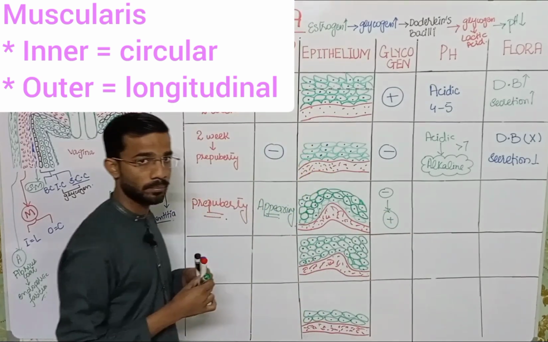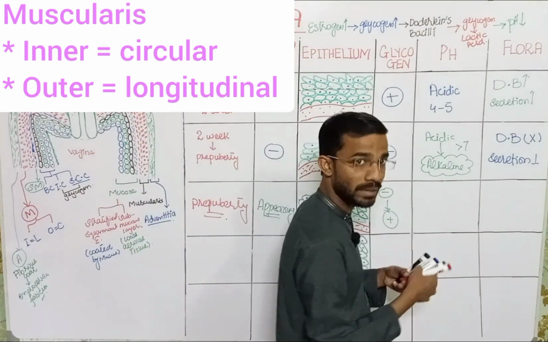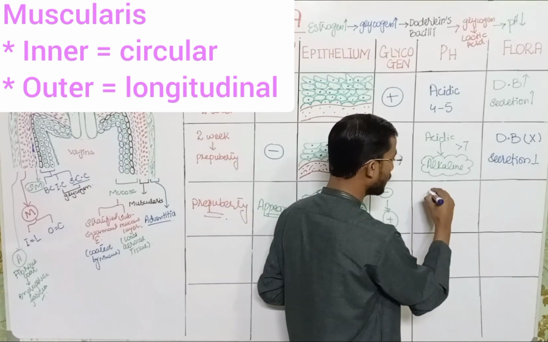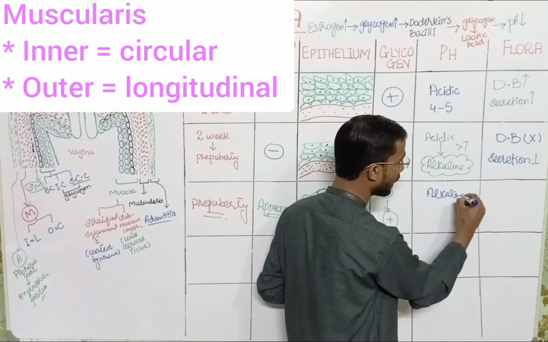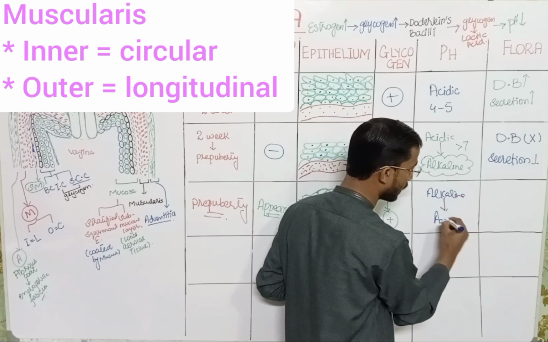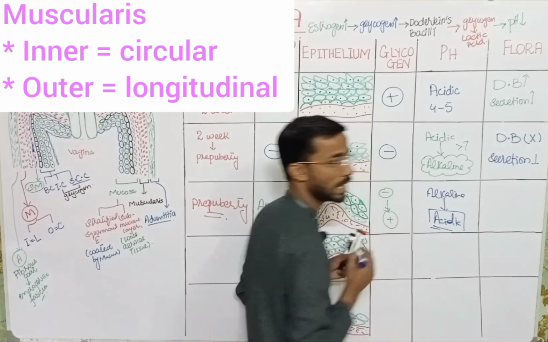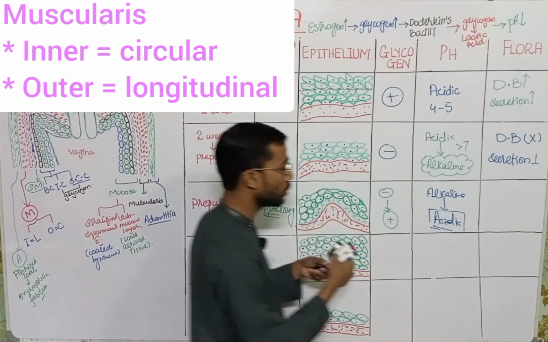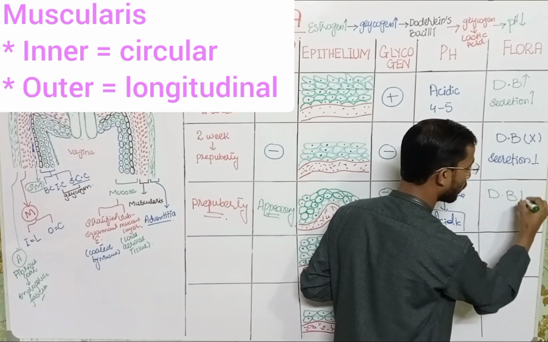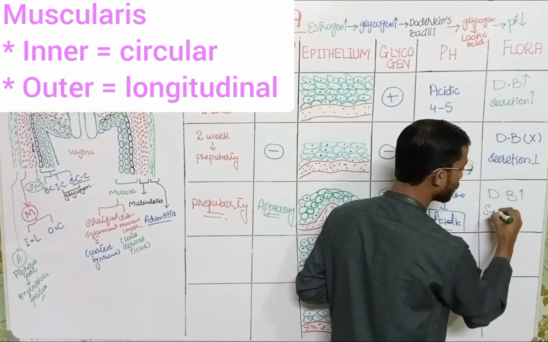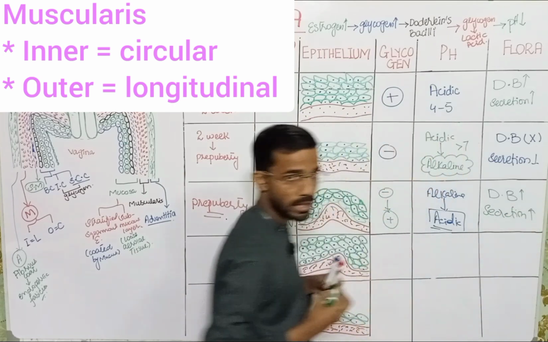They start producing, and in that situation, you will see the pH of the vagina start moving from the alkaline case towards the acidic condition. So this is the case. And in that situation, you will see the Doderlein bacilli start producing, and secretion also starts increasing.